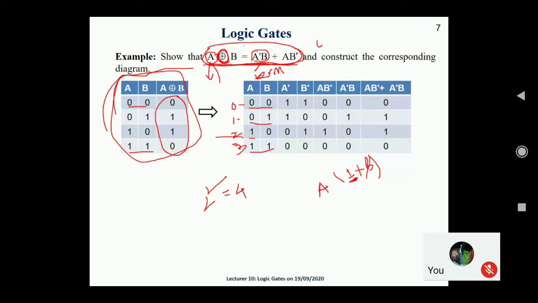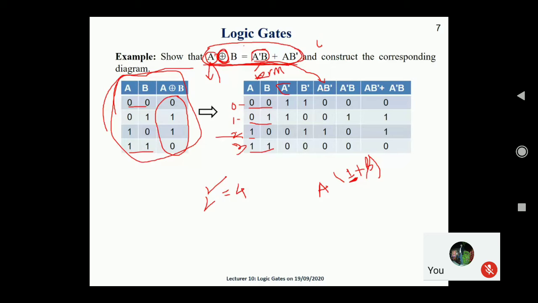After that, on the right hand side, A complement is required, so here I am writing A complement. The complement of A is 1, 1, 0, 0. Also B complement is required. B is 0, 1, 0, 1, and B complement is 1, 0, 1, 0. After that, this particular term we are writing directly here. Then we use the AND gate.